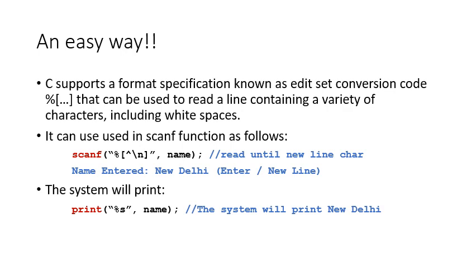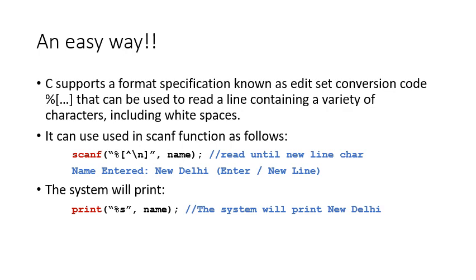So with the help of this edit set conversion code, that is %[ ], within the square brackets you specify something. Between these brackets you write a regular expression. What a regular expression is, is beyond the scope, so that's why I'm telling you not to opt for this option every time, but you can just try it out and see whether it is working as per your need or not.